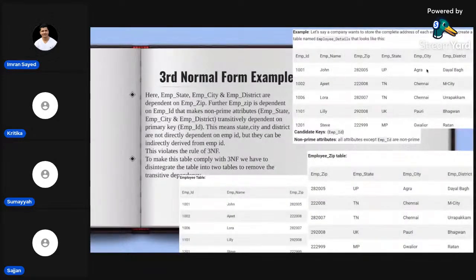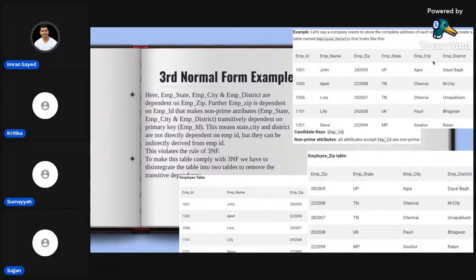Okay, so let me try to explain. Here, employee zip code, employee state, city, and district are directly dependent on zip code, but not directly dependent on employee code. That's why it's not in third normal form, correct? Yes. So that's why we break this table into two.